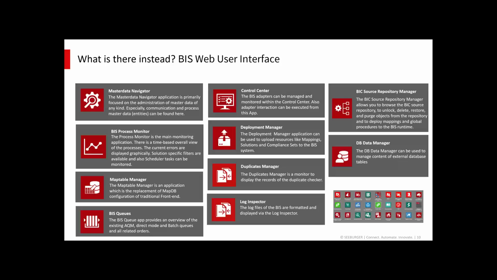We divided that into many apps because a role-based concept supports the different roles in your operating model a little bit better than one large Java frontend where you have problems to set the correct roles, rules and user accesses. This is better to do with these web-based applications.